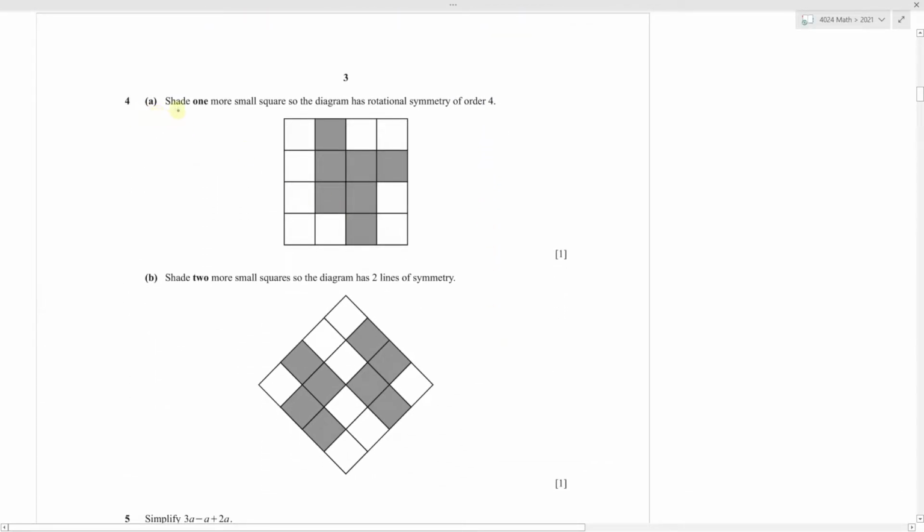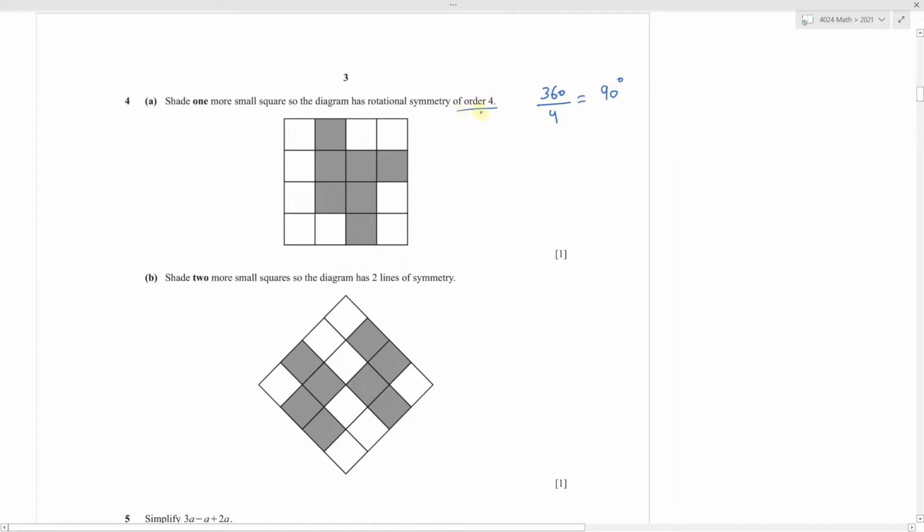Question number 4, part A. Shade one more small square so the diagram has rotational symmetry of order 4. If you have rotational symmetry order 4, you divide 360 by 4, which gives you 90 degrees.